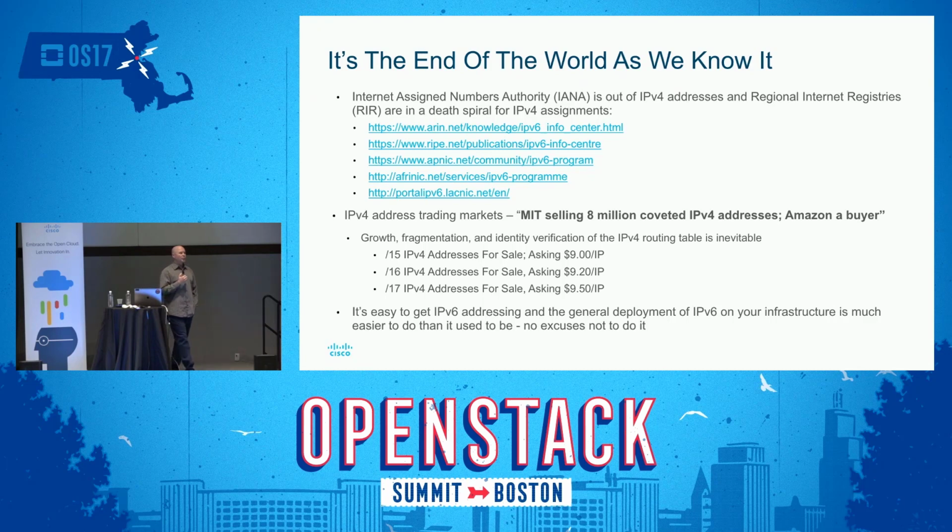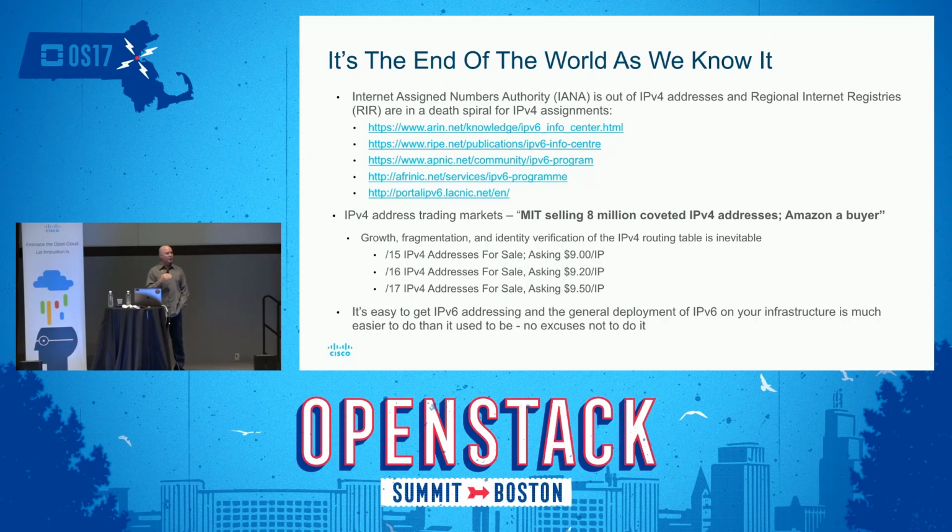Based upon the IANA exhaustion, IANA being the governing body that assigns addressing to RARs, or regional registries such as ARIN, they exhausted their address space a long time ago. Each of the RARs are now in what they call their last allocation pool, and so these are very, very difficult things to get.